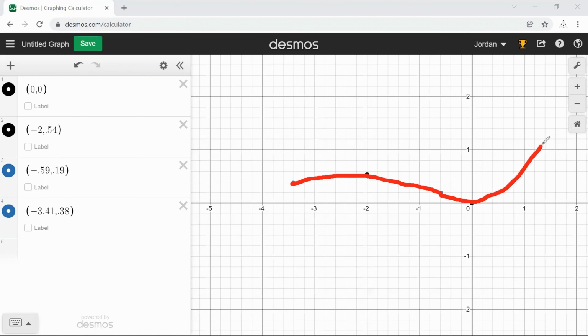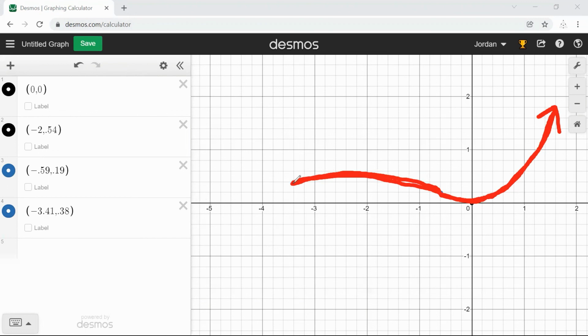So we're going to do concave up and then go off to infinity. So it's going to look something like that. Concave up, then concave down. And then to the left, we approach 0.